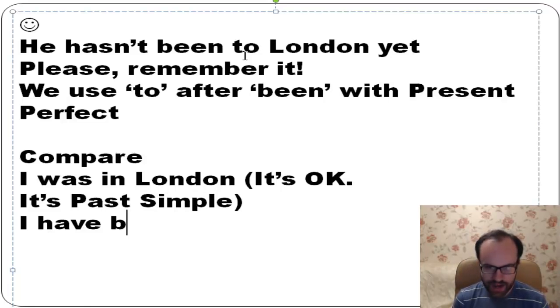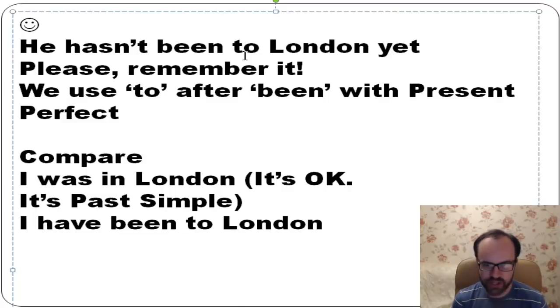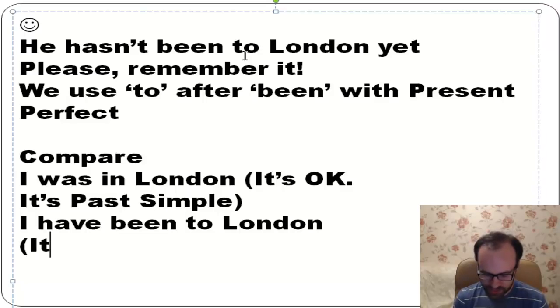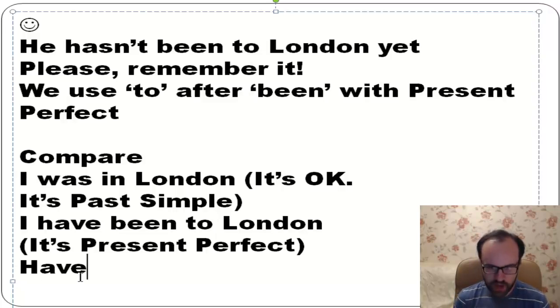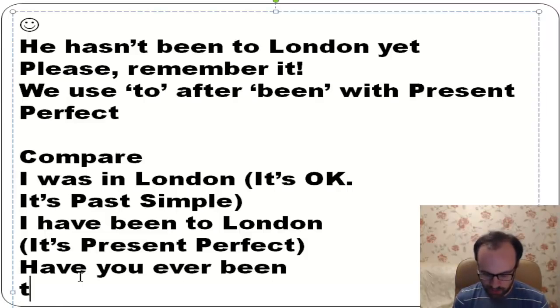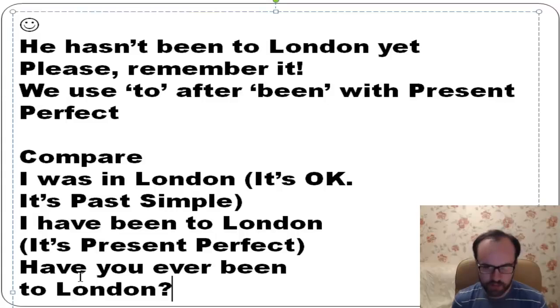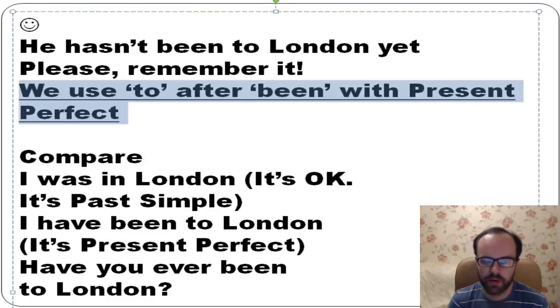And I have been to London. It's okay because it's present perfect. And you know that we use to after being in present perfect. I have been to London, or have you ever been to London? So he hasn't been to London yet. Please remember it. We use to after been with present perfect.